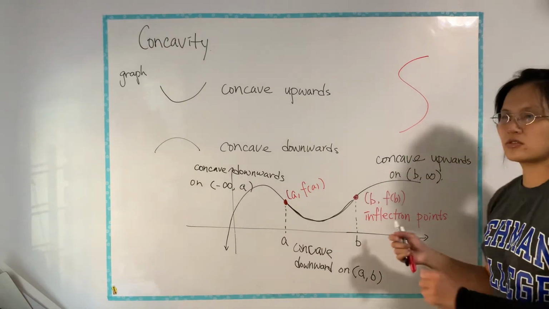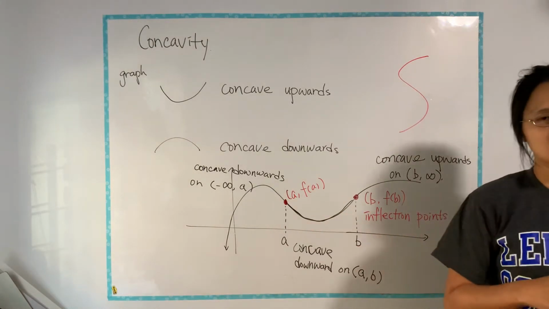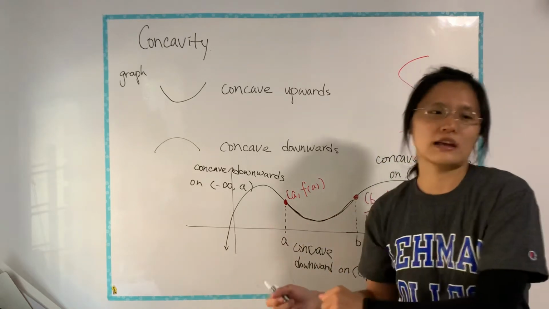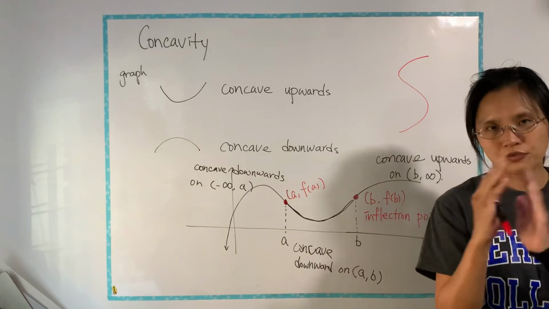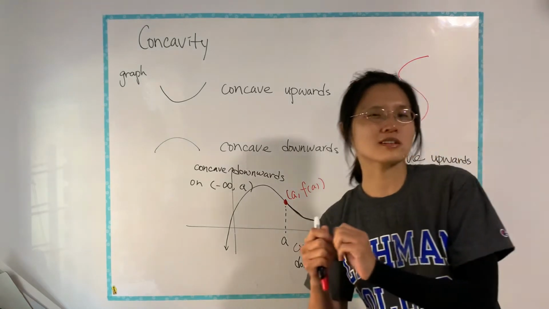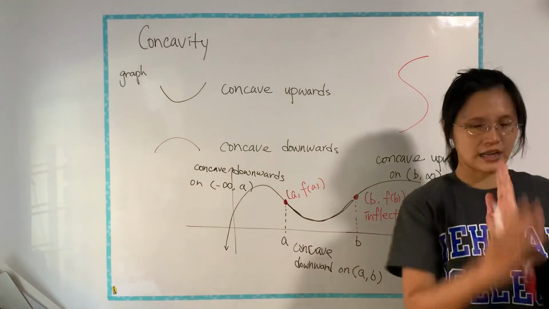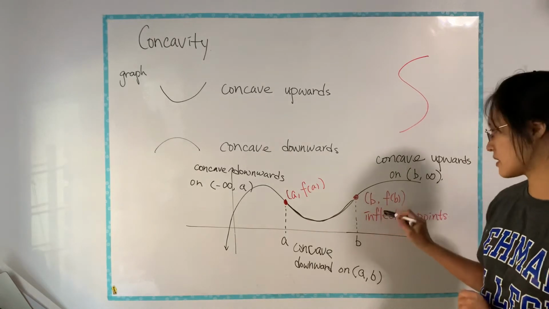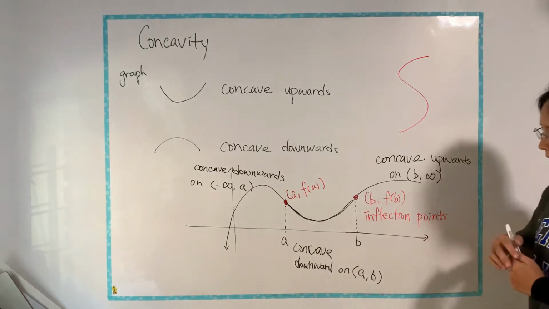When the car turns, you can feel the physics, like the force, and when they change the direction, then you go like this. When the force on your body went from this direction to this direction, there's a moment when you are upright. That's what you feel. That's the inflection point.